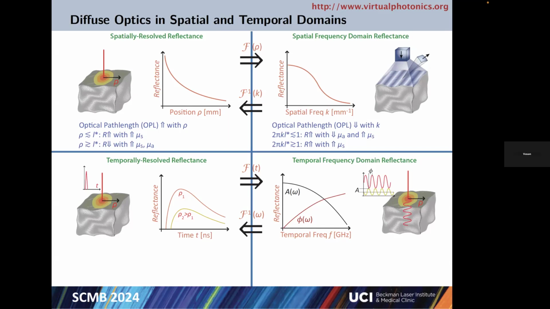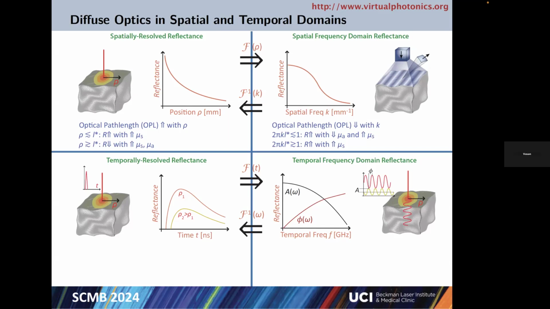Because remember, if you integrate a time resolved measurement over all time, you recover a steady state CW measurement. So what you're measuring in CW is basically the integral over all time. So there's the relationship there.